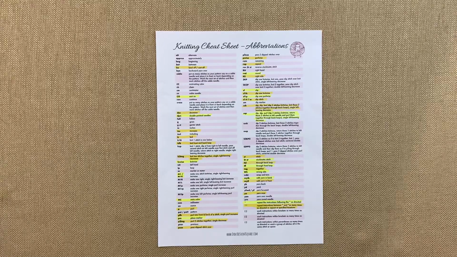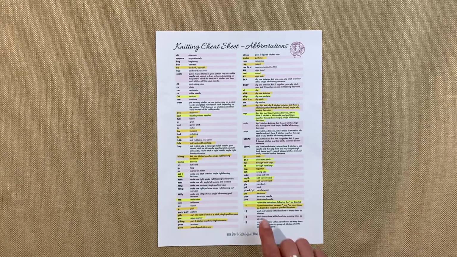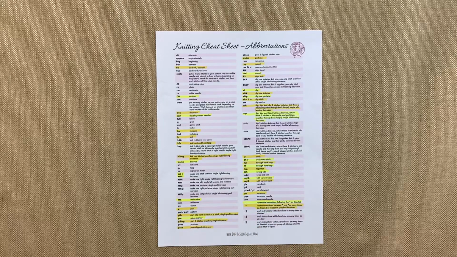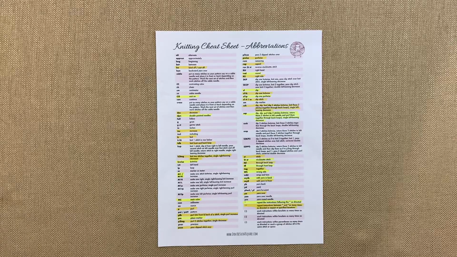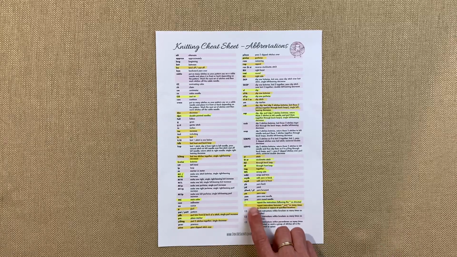So as we're going through learning knits and purls, I'm going to be talking about where to put the yarn and everything. So that'll make a little bit more sense here in a few minutes. YO is yarn over. So that creates a hole in the stitch, sometimes for buttonholes and things like that, or other types of projects.